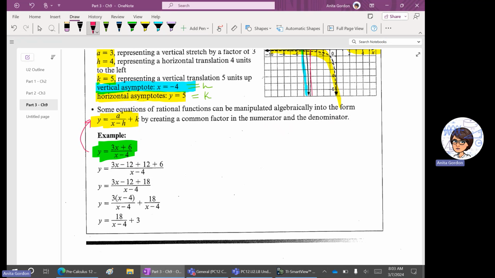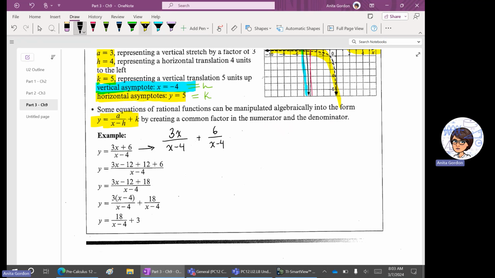So what we want to do essentially is we want to create a situation where we can essentially split these into two. So anytime you have two things in the numerator, and this only works with numerators, not denominators, I'm going to say that right now. When you have multiple things in the numerator, you can actually split this as 3x over x minus 4 plus 6 over x minus 4.